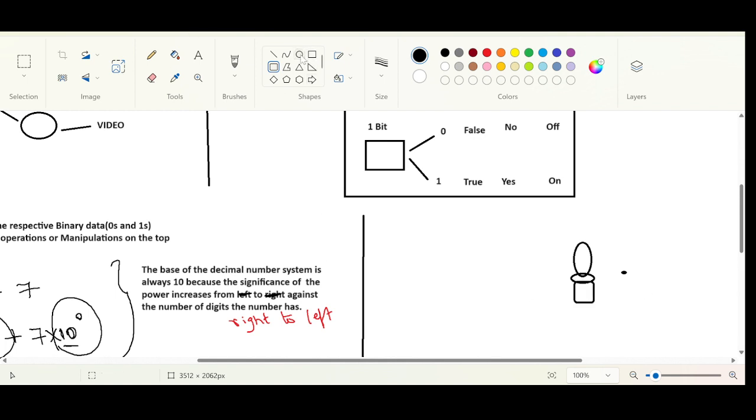For example, I am a person living in a city. I do not have access to computers because computers were not discovered in those days. A person living in a city, and I have a friend who is my relative who is living in a forest.